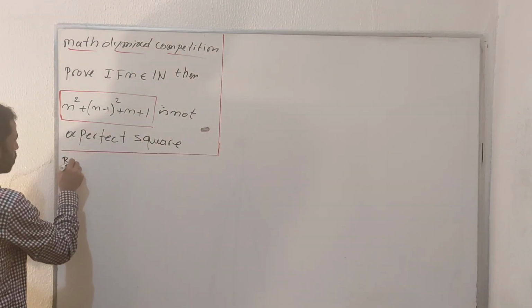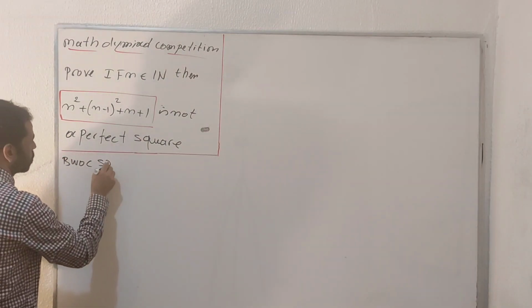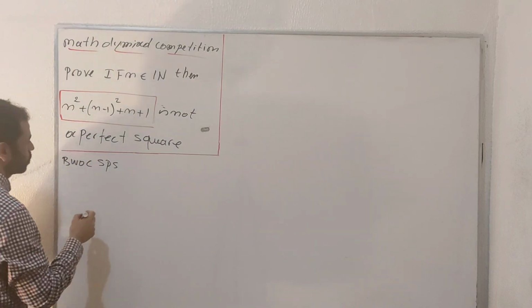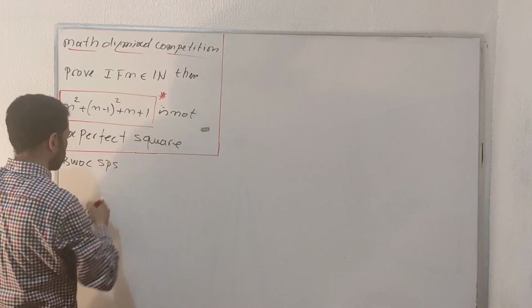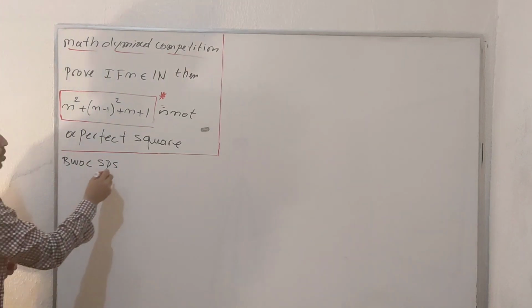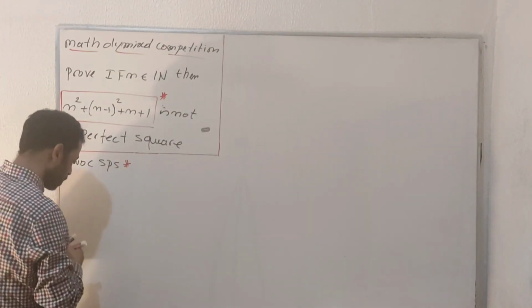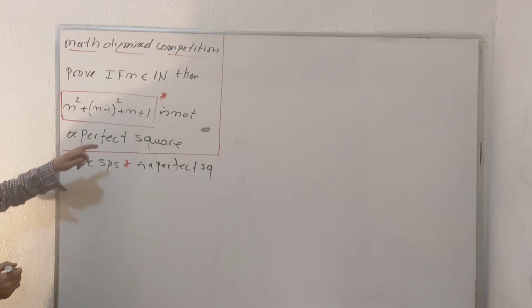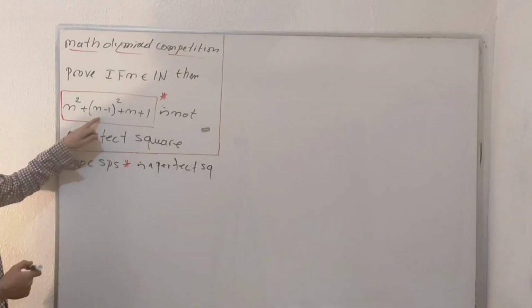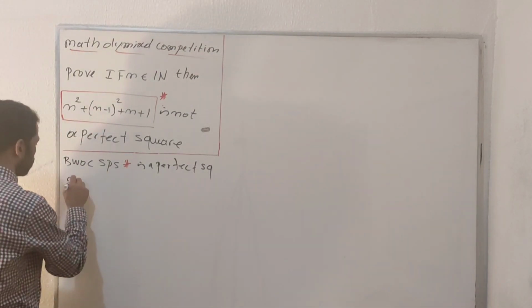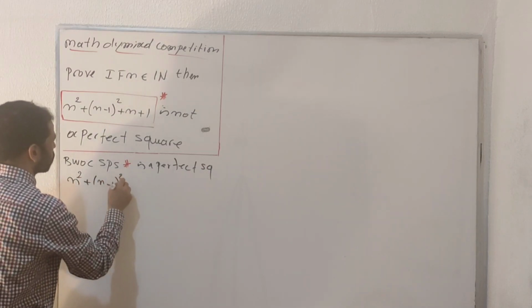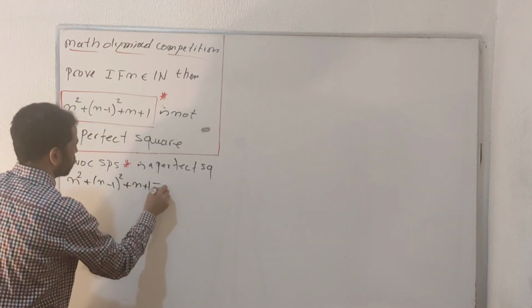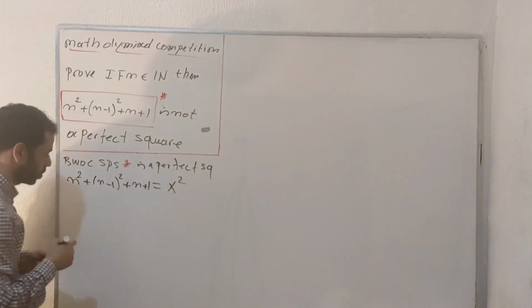So by way of contradiction, let's call this expression the red star, and suppose the red star is a perfect square, which means it can be written in this form: (n² + n − 1)² + n + 1 = X².